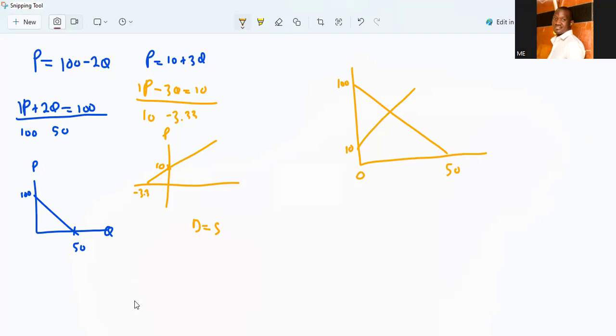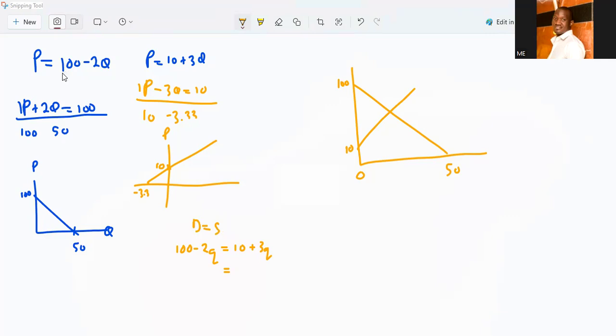Any questions so far? Okay, so at equilibrium, demand is equal to supply.